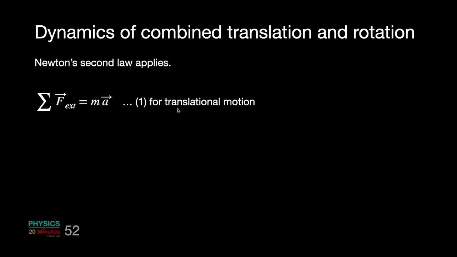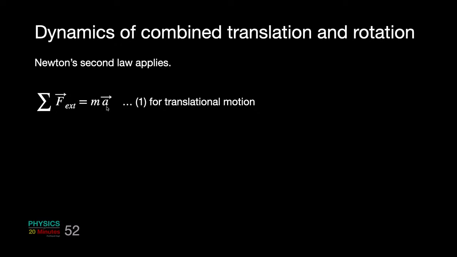So, the dynamics of combined translation and rotation. Newton's second law applies here. Newton's second law has two ways of writing, we have seen in previous lectures. One is for translational motion: sigma F external is equal to m into acceleration. For a rigid body, it is the acceleration of the center of mass, remember that.